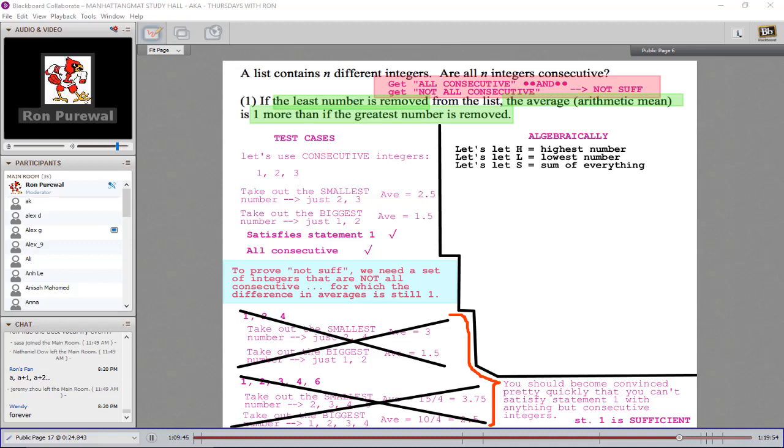How do you write the average if you take out the number L? Remember, it's the total sum divided by how many numbers there are. So we want the average without L plus 1 to equal the average without H.